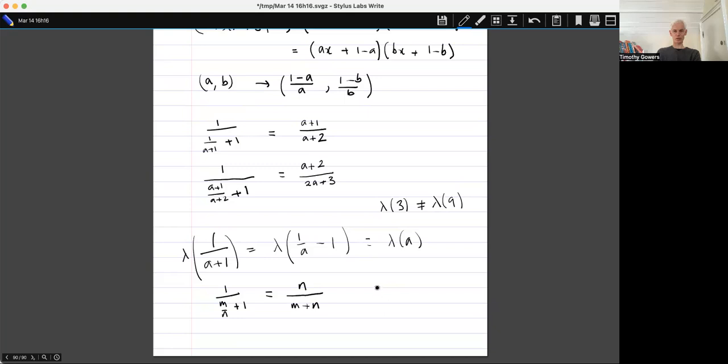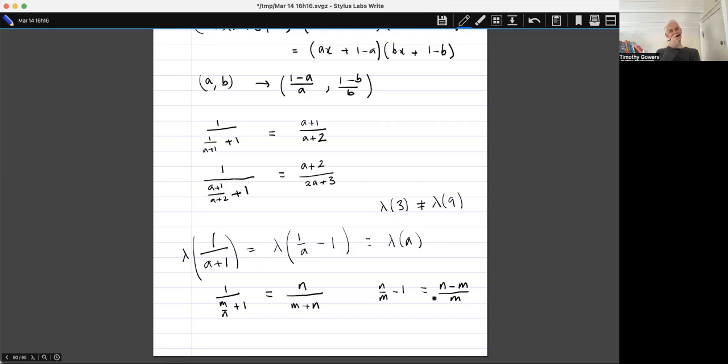If a is m over n, I get n over m minus 1 equals n minus m over m. And these operations should jump out at one because they're preserving the highest common factor of n and m.